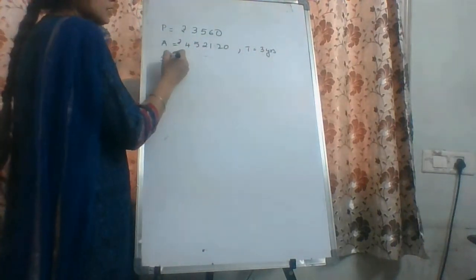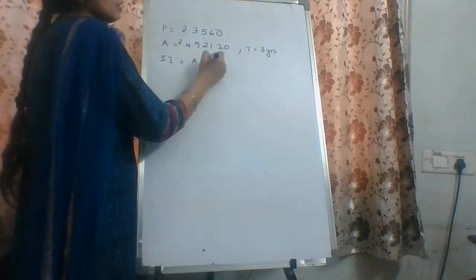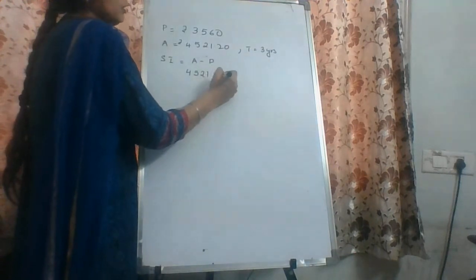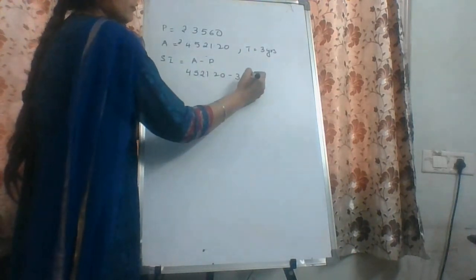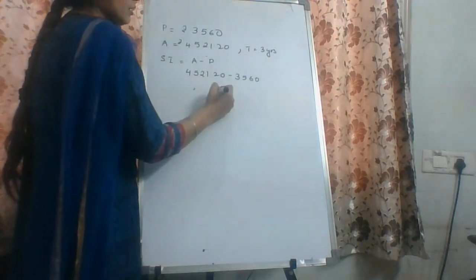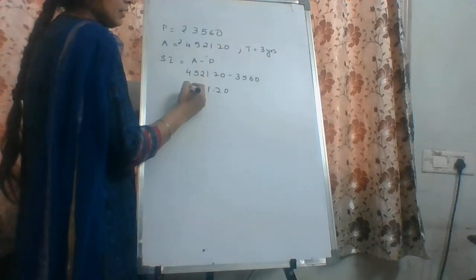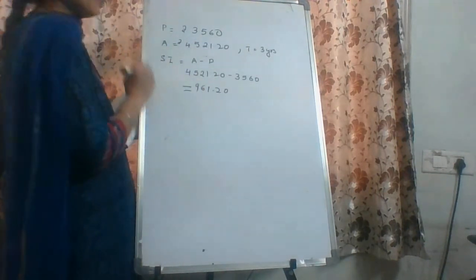Let us find the simple interest. Simple interest is equal to amount minus principal. 4521.20 minus 3560. Let us calculate. 961.20 is the simple interest.